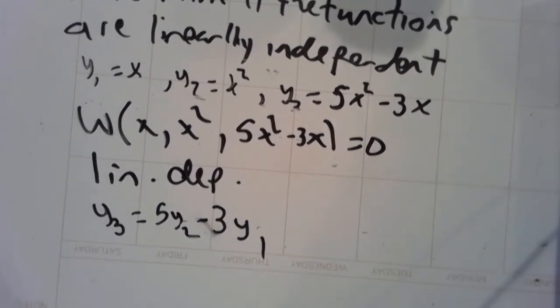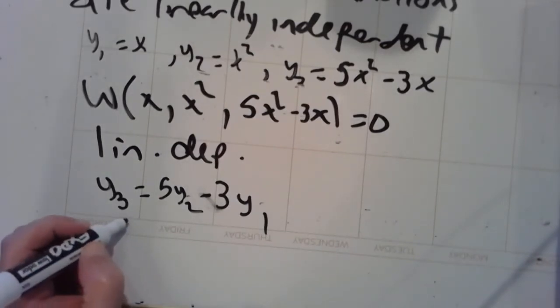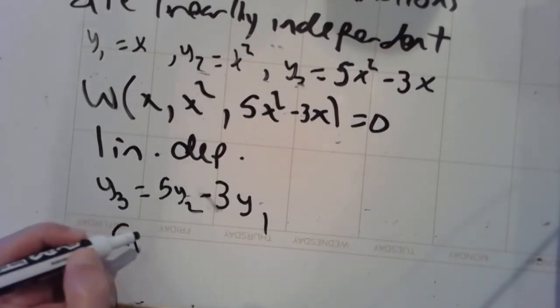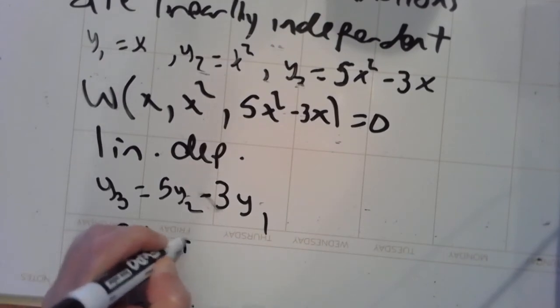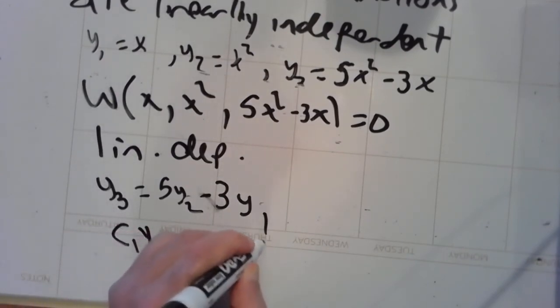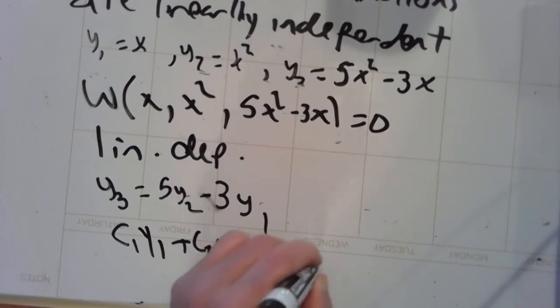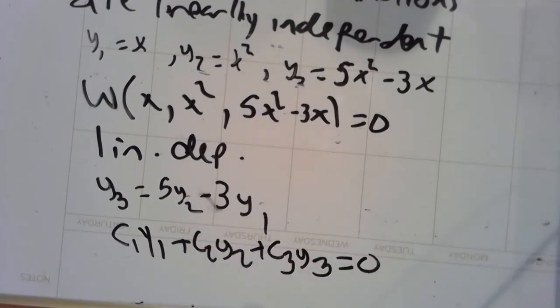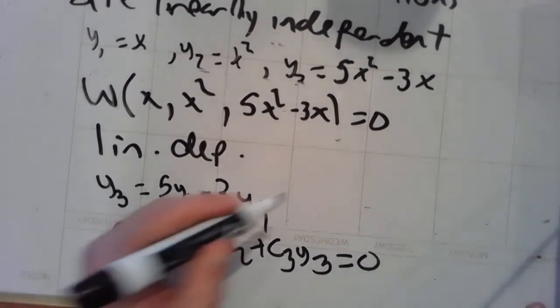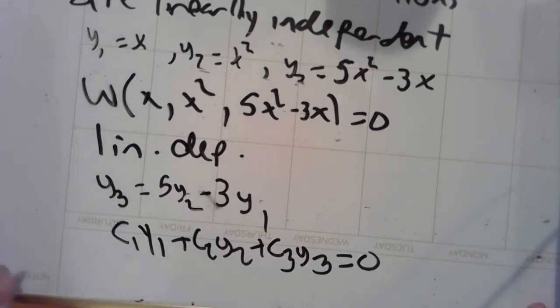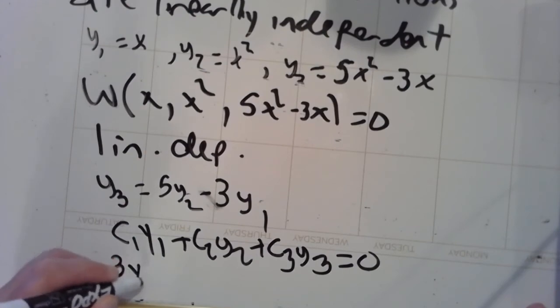Or another way to say that is there exist constants C1, C2, and C3, not all 0. It's possible for us to find constants C1, C2, and C3 that make this equation true without making all of those 0. And it's obvious what that is. There are a bunch of different ways to do it, but I could say 3 y1s.